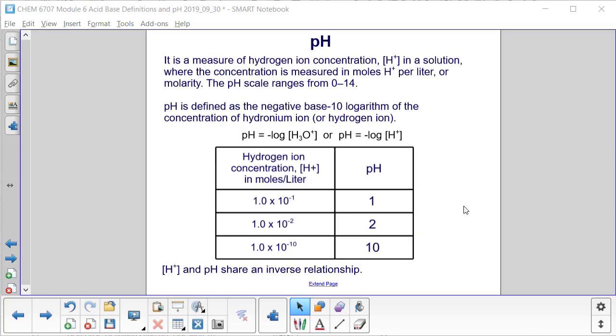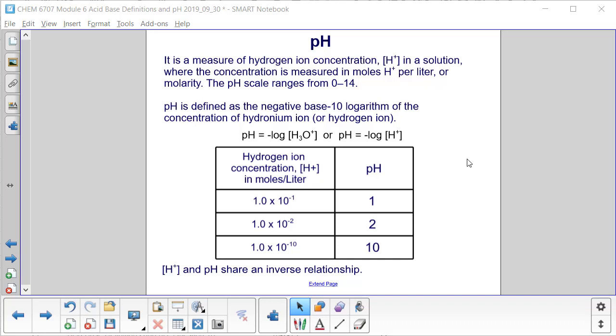pH is a measure of the hydrogen ion concentration, or H+ concentration, in a solution, where the concentration is measured in moles of hydrogen ion per liter, or molarity.